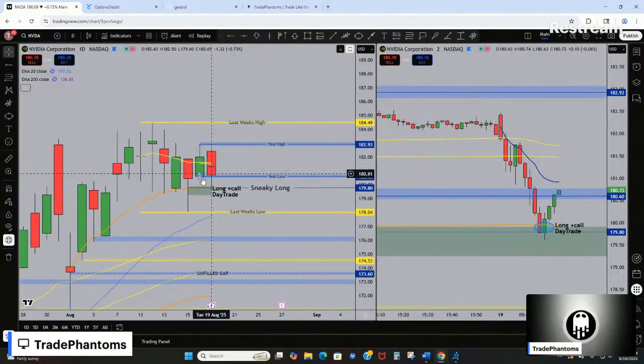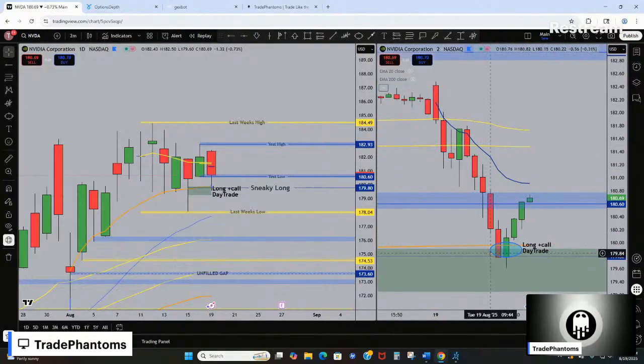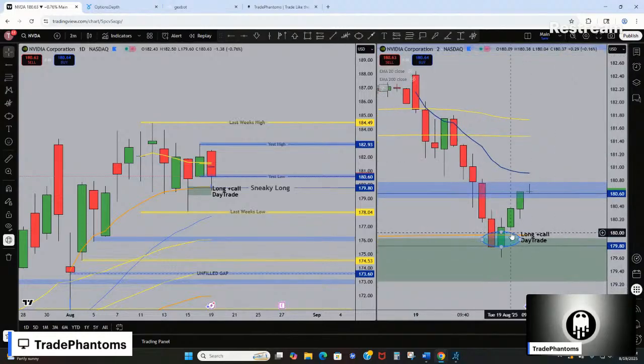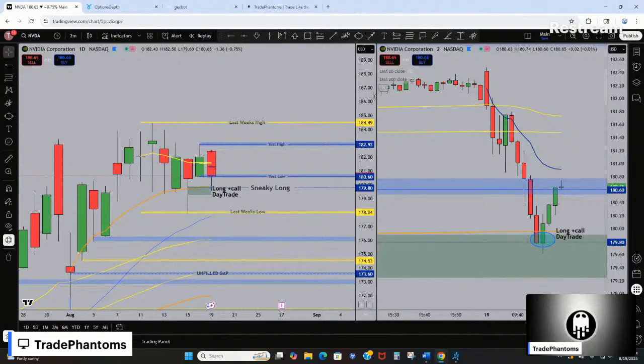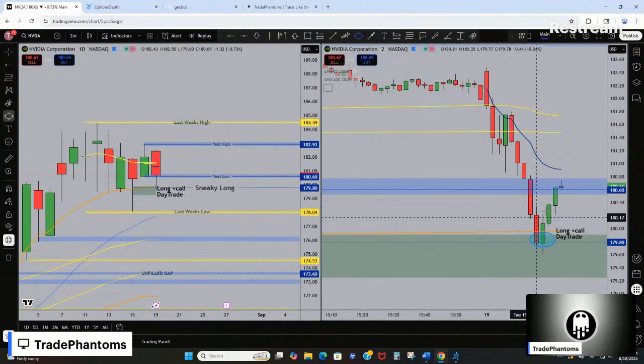NVIDIA's been choppy, so this is just chop trade, not trying to chase price. Somebody got trapped there, right? Not trying to chase price lower down in here. So I didn't grab the short, or it was working better because it's a little bit weaker. Long call and then take profit. Sell the exit. Low bounce.